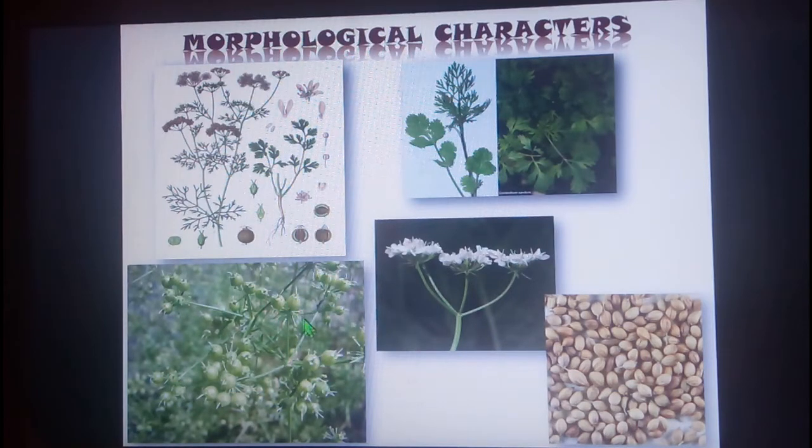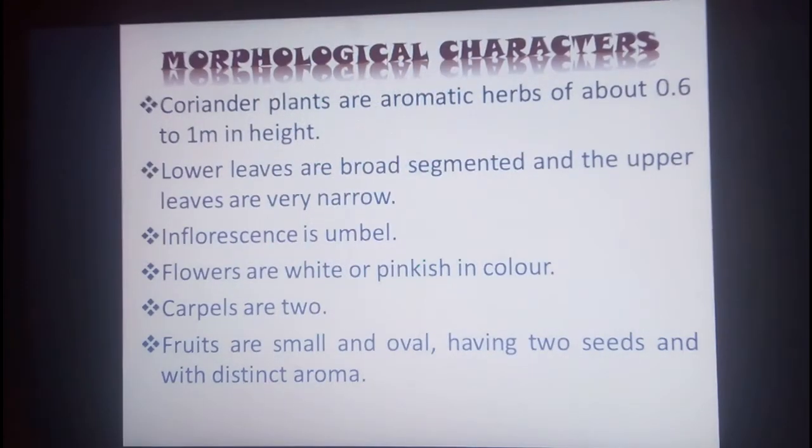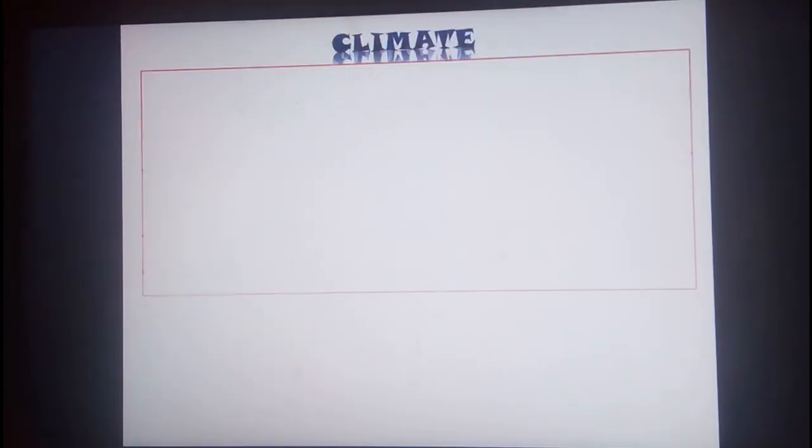This fruit, where there are 2 seeds, is referred to as the schizocarp. And when planting, these fruits need to be crushed so that they split open into 2 mericarps, with 1 seed each. This is the morphological characters I had mentioned.